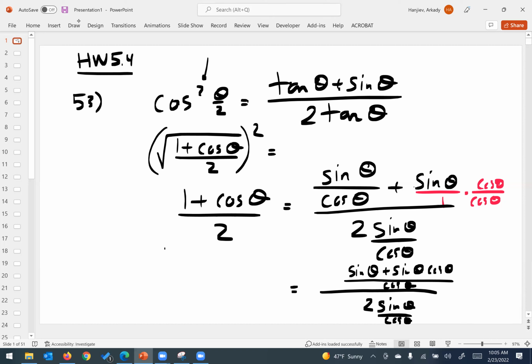We know if this has the same denominator, that is so funny how that happened. When you cancel cosine, you're going to get sine theta plus sine theta cosine theta all over 2 sine theta. It looks like the same thing, except sine got replaced with tangent. That's funny.